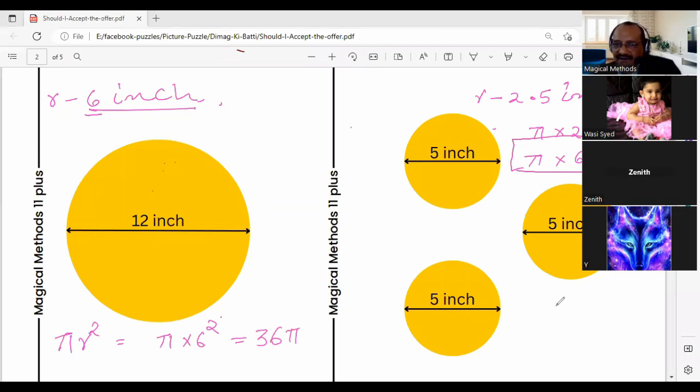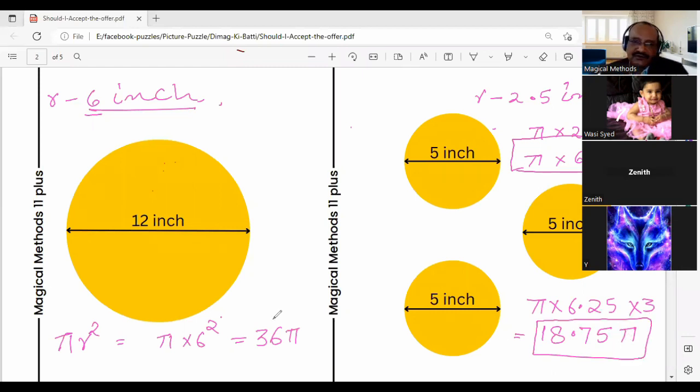So my thing will be pi times 6.25 times 3. If I am writing it in terms of pi only, it will become 18.75 pi. I have not multiplied it by pi yet. Multiply by 3.14.